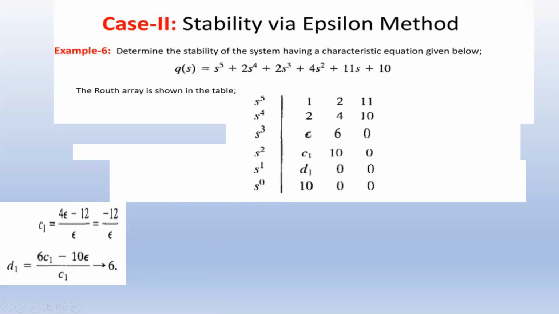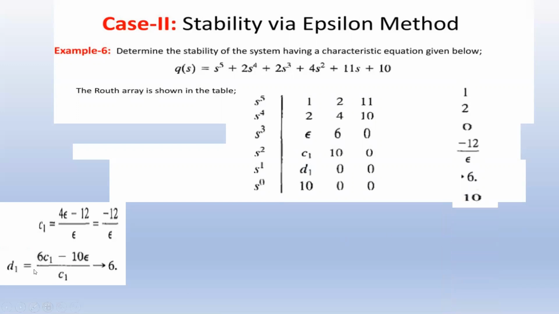So what we have done is replace the zero with a small positive number epsilon. If this epsilon is tending to 0, then based on how these values change, we can determine the rows of this first column. These are the actual entries of the first column of this Routh array: minus 12 by epsilon, and 6, and 10.